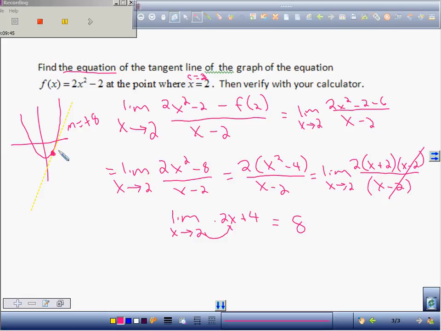So all I have to do, I know that this is the point (2, 6). I get the 6 from taking that 2 and plugging it into my original equation.